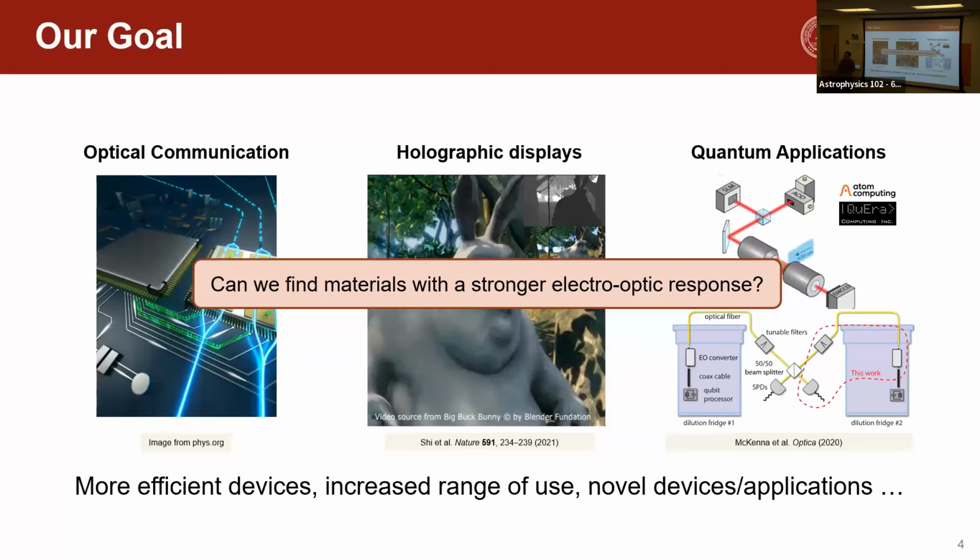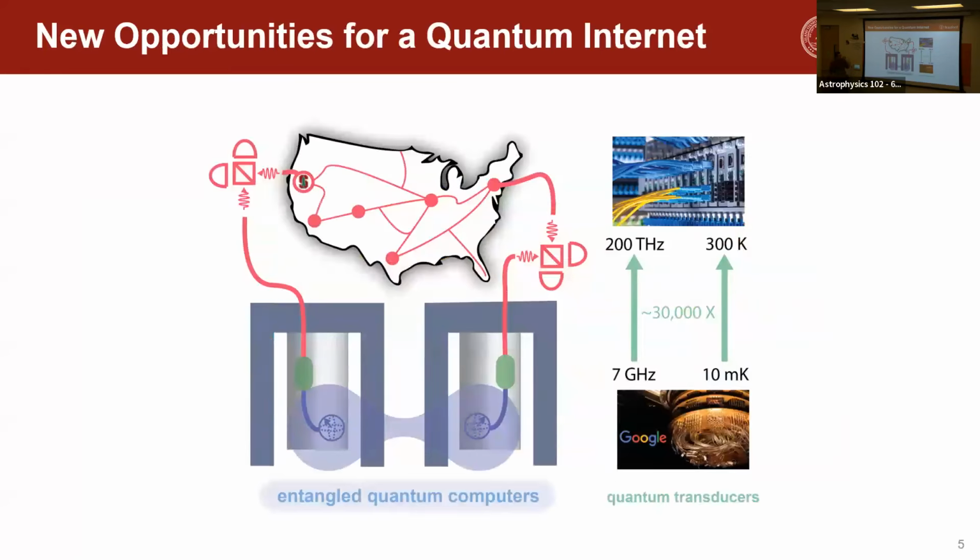low temperatures. And one of the big motivations for this type of work is this idea of connecting multiple superconducting qubit processors in different cryostats or different dilution refrigerators with one another. As you all know, superconducting qubits operate at very low temperatures, so they need a dilution refrigerator to bring them down to a few or tens of millikelvin.